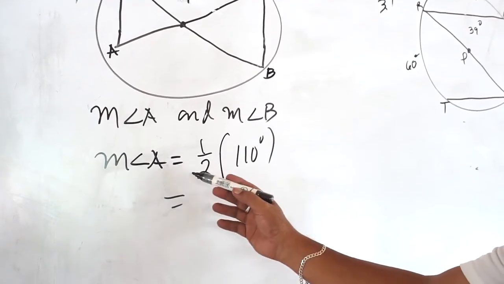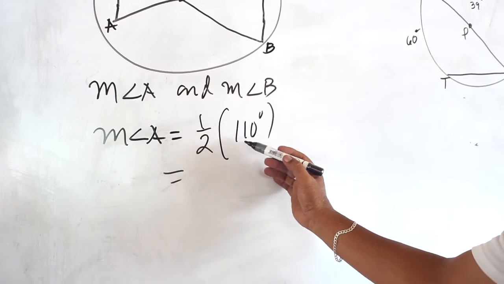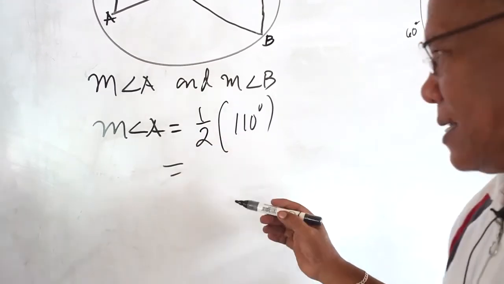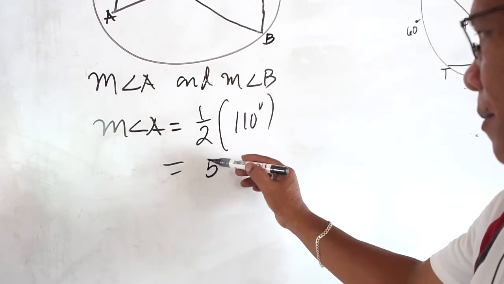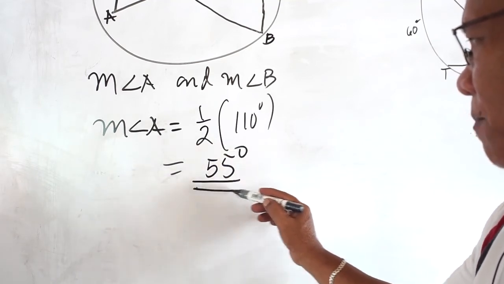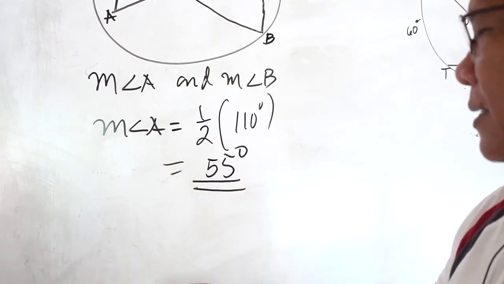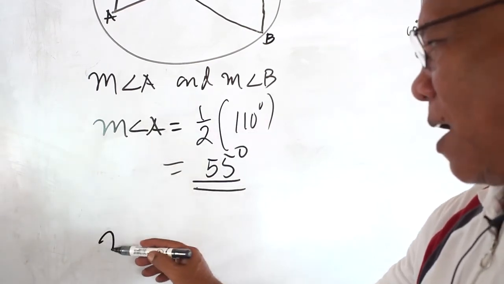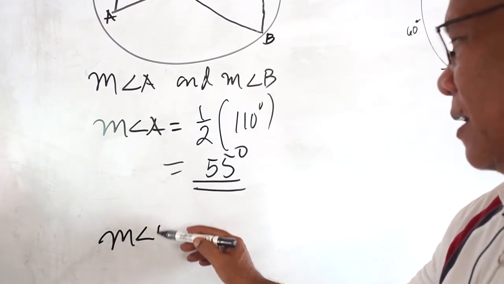Okay, so simplifying, 1/2 of 110 is equal to 55 degrees. So this is now the measure of angle A. Then next, what about the measure of angle B?